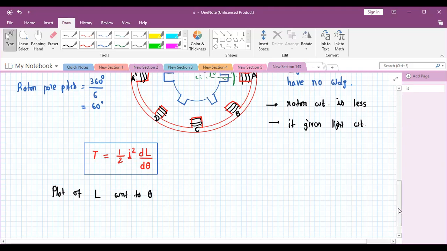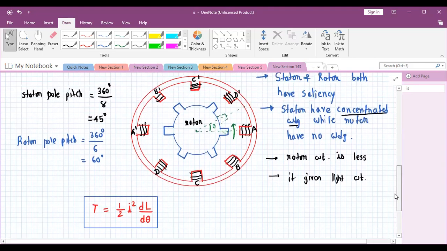We can say 45 degree, and the same is applicable for the tooth.